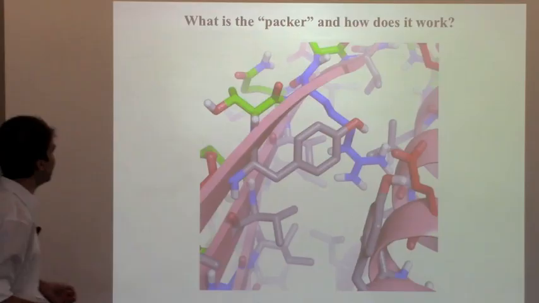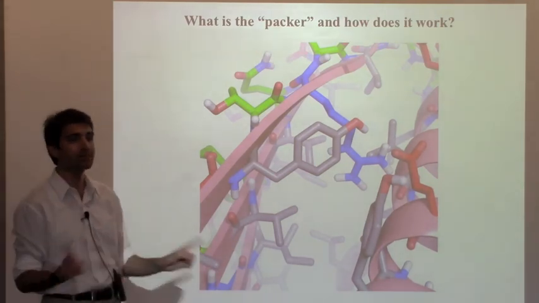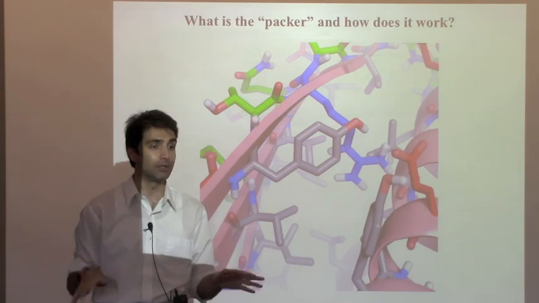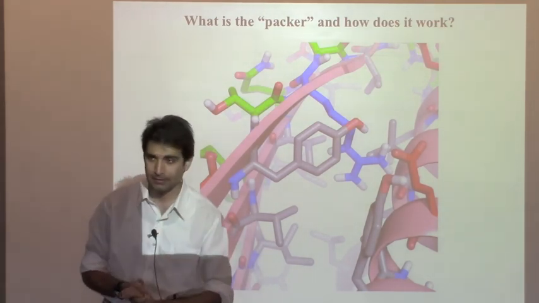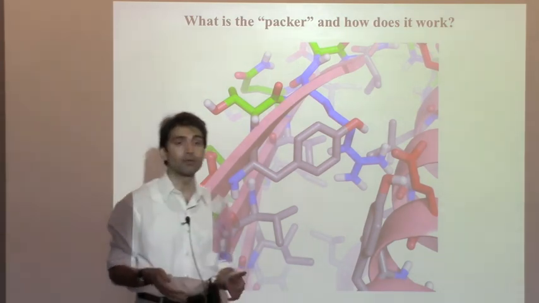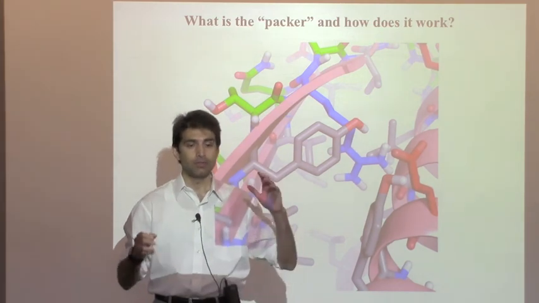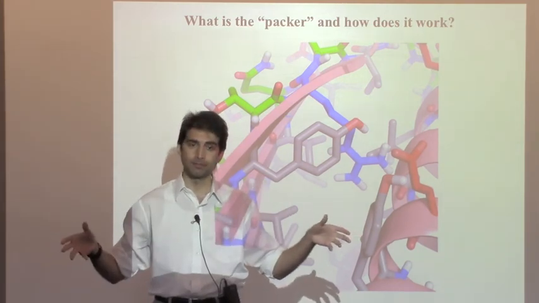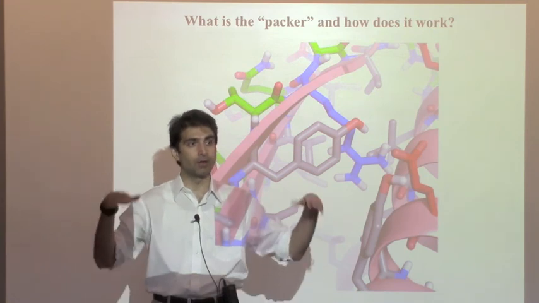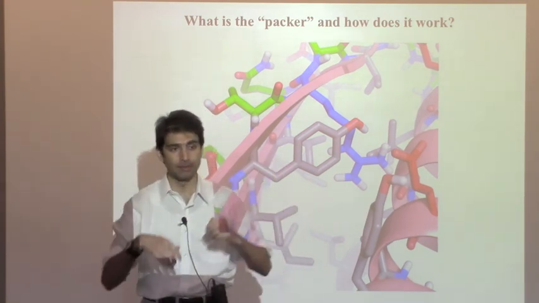Okay, the Packer. The Packer is a core algorithm in Rosetta which doesn't modify your backbone conformation at all. It only operates on side chains. So that's an important thing to remember. And what it does is it solves a very complicated combinatorial problem. Let's say you've got a bunch of positions with side chains, and you've got a bunch of different possible rotamers at each of those positions.